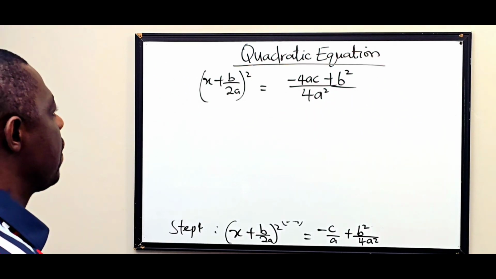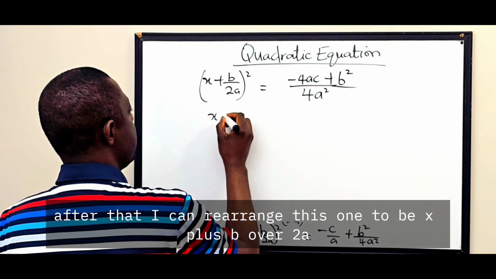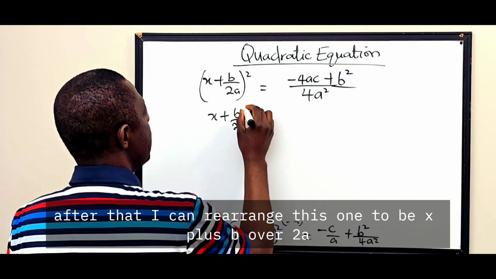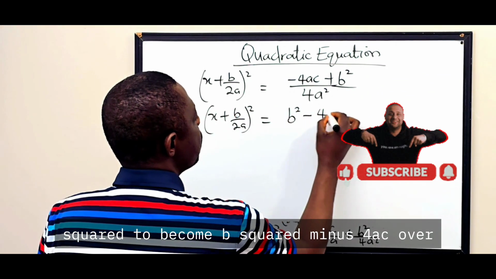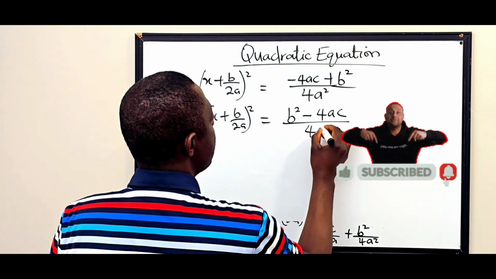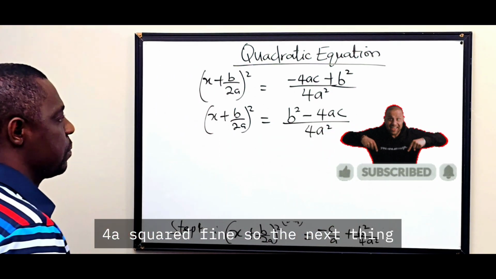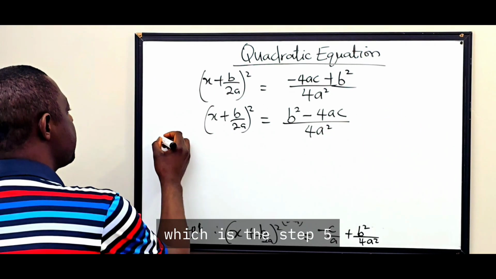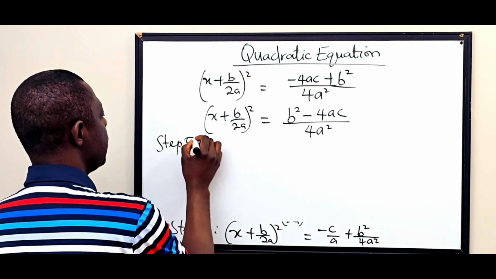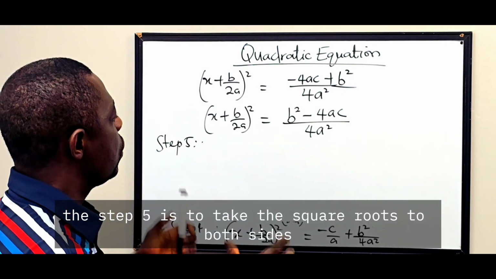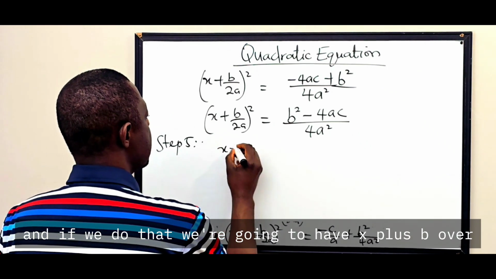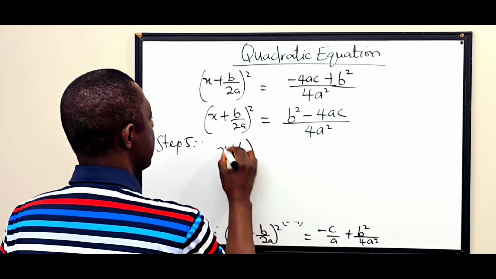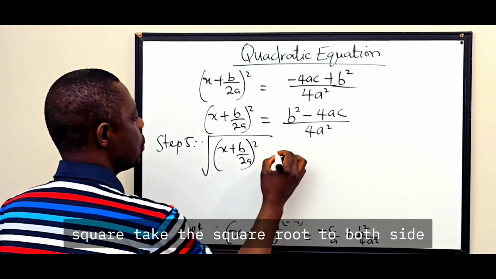After that, I can rearrange this so that x plus b over 2a all squared becomes b squared minus 4ac over 4a squared. Fine. The next thing, step 5, is to take the square root of both sides. We're going to have x plus b over 2a squared, and we take the square root of both sides.